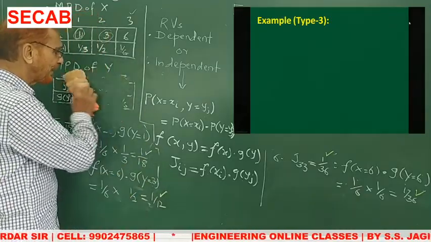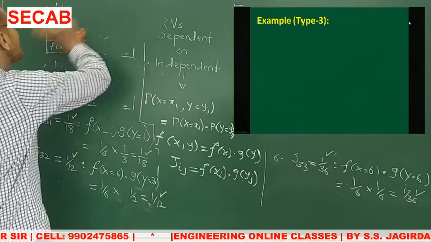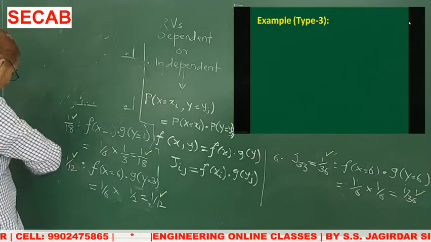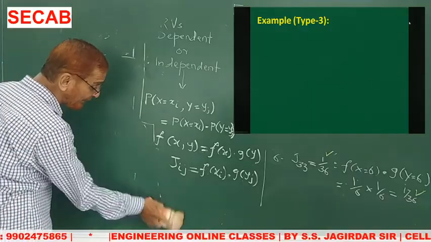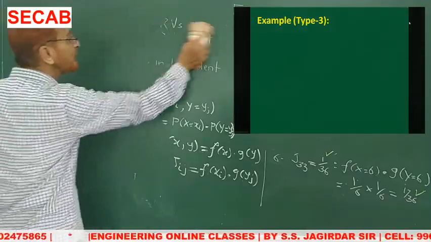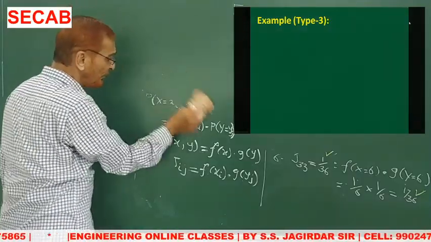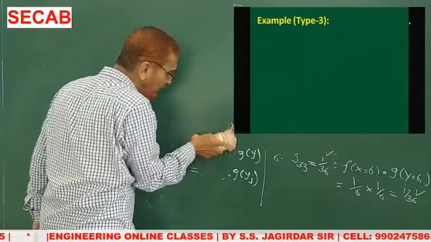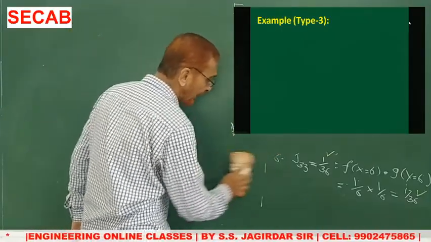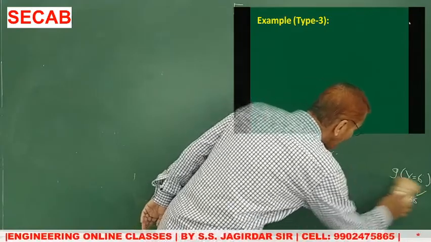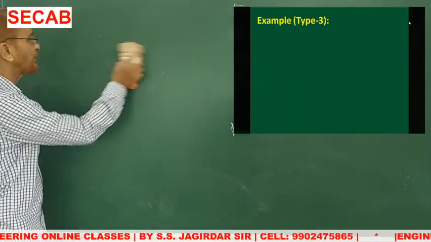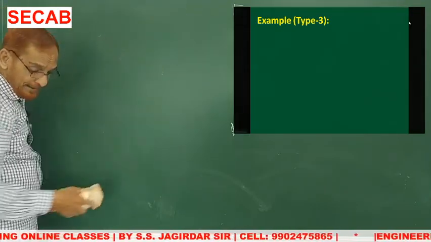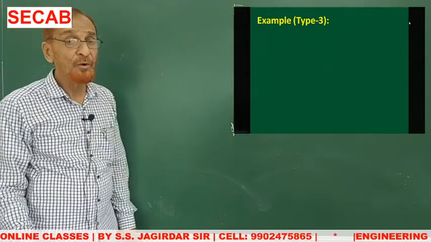So in type 3, what kind of examples are we going to take up? Once again I will revise what we did in type 1. In type 1, a JP table was given, and out of that table you are required to calculate or estimate the expectation of x, expectation of y, expectation of x and y, and then find the covariance.